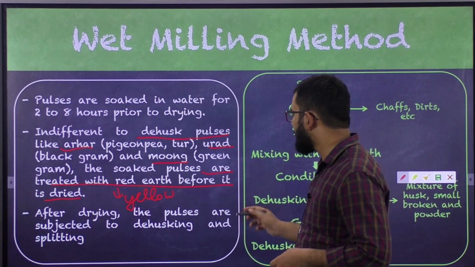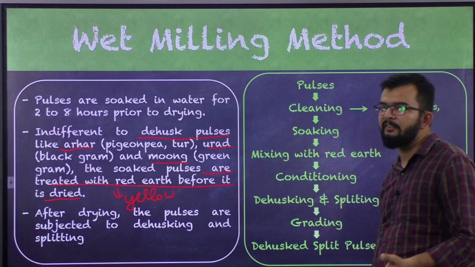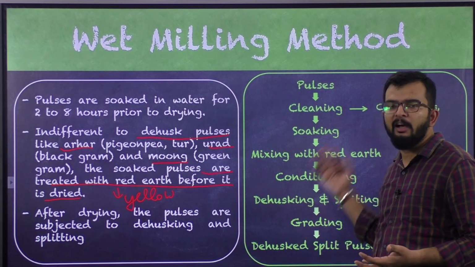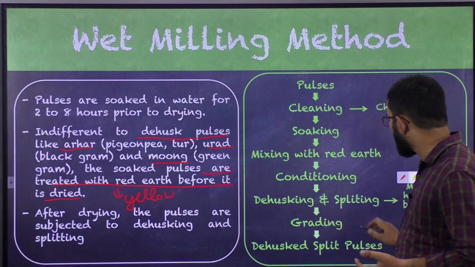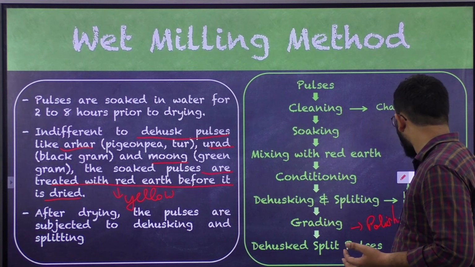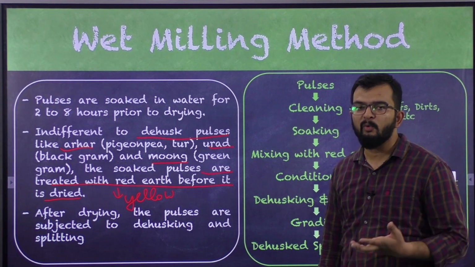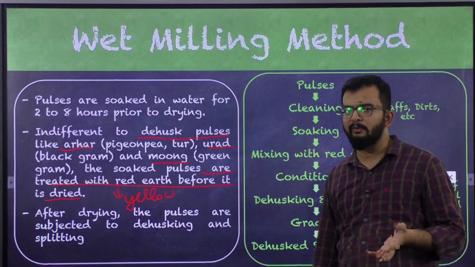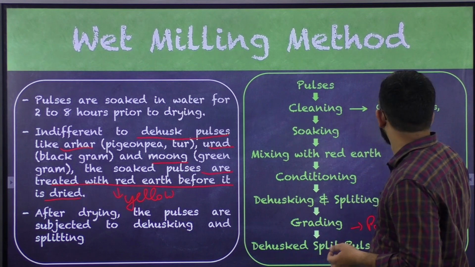Okay, so after drying, the pulses are subjected to dehusking and splitting as discussed, and then after dehusking, further cleaning, sieving, grading and packaging are required. Here you may include another step, that is polishing, which is optional. Okay, but minimum polishing is required, that is removal of the powder or dust that has stuck to the surface during your dehusking operation.